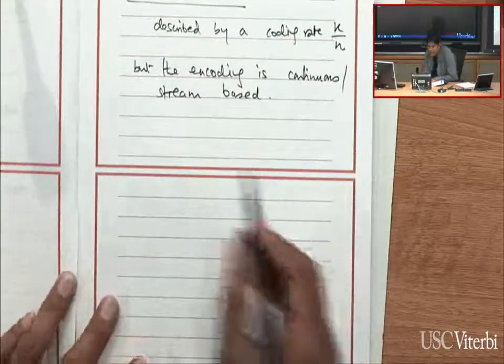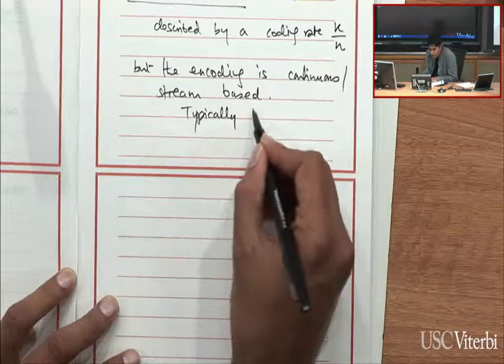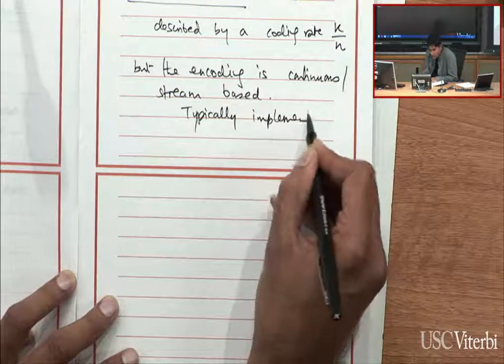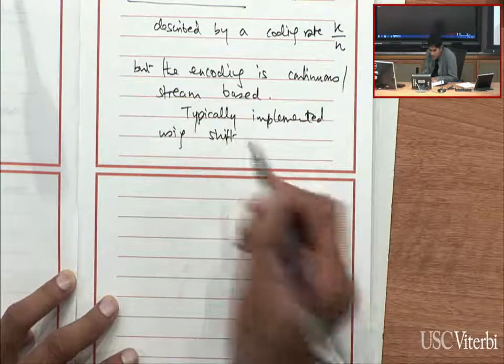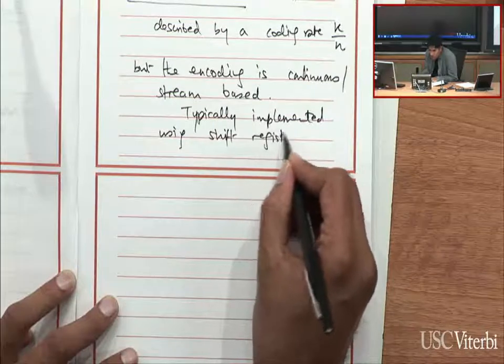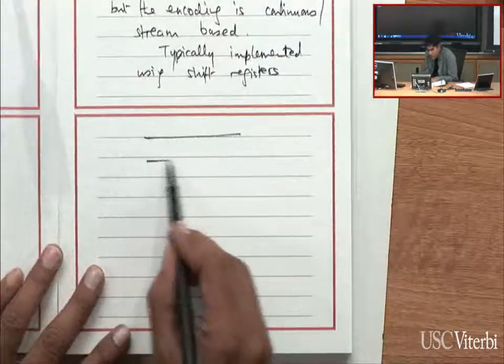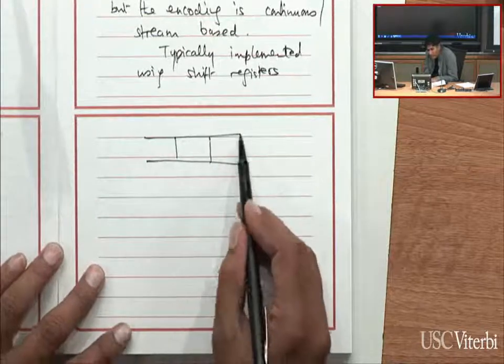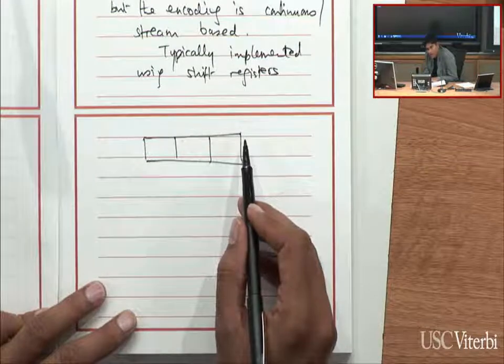And the way it's typically implemented is using shift registers and logic operations over shift registers. Just to give you an idea, here's a simple example, there's sort of 3 shift registers.